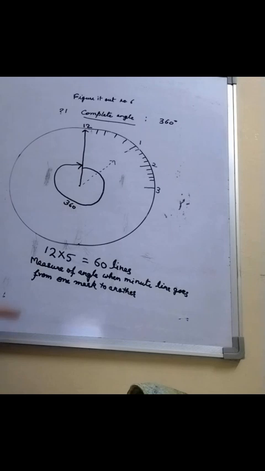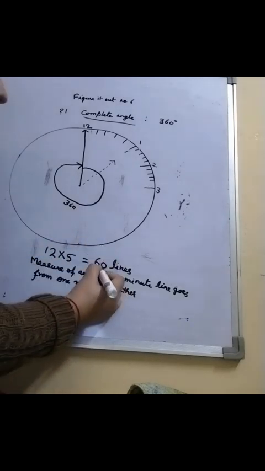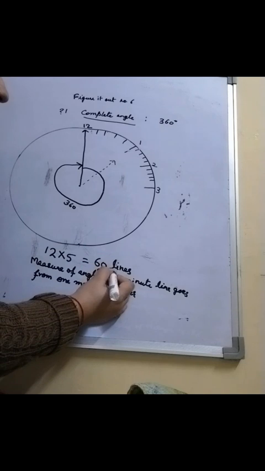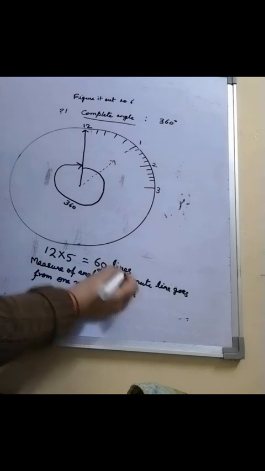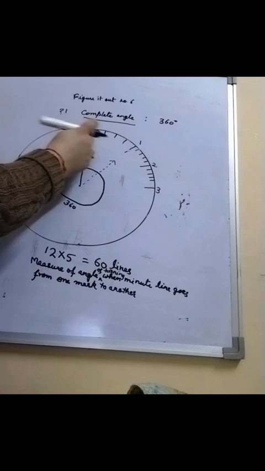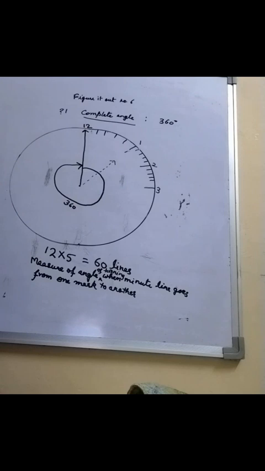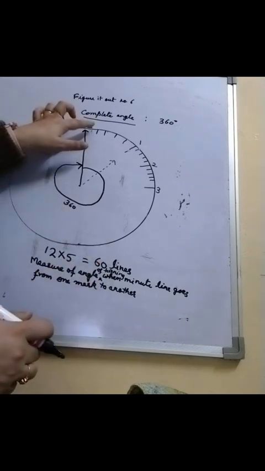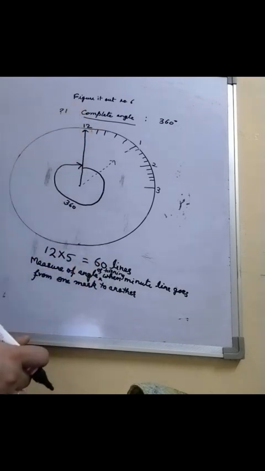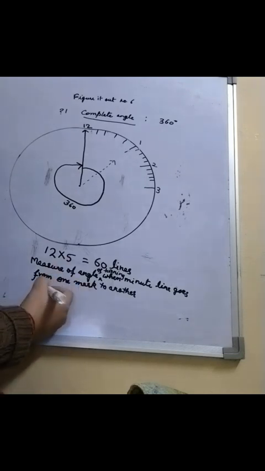I have written something here: the measure of the angle when the minute hand goes from one mark to another. What is the measure of the angle of turning, you can say? What you are seeing here, both the hour hand and minute hand are turning. They are taking one complete round. So what is the measure of one mark over the clock? So how would you find it?